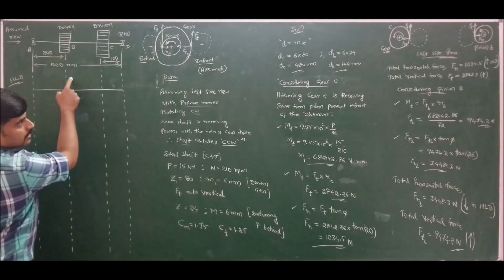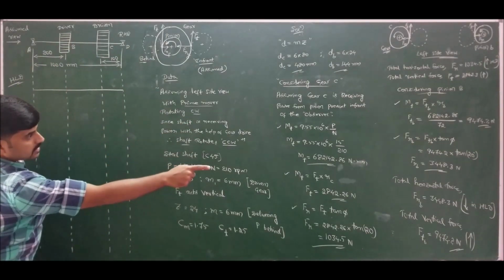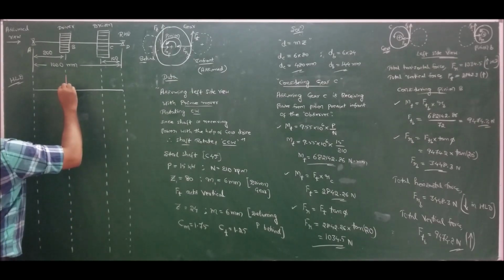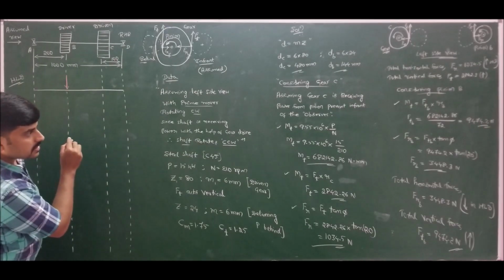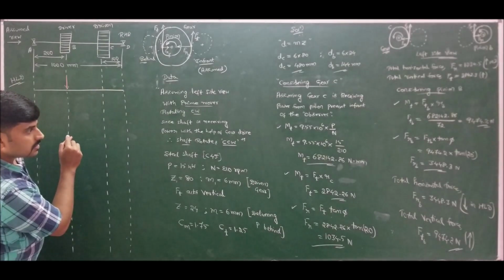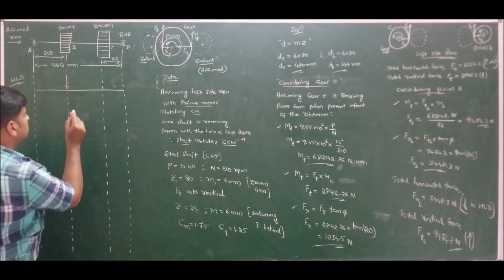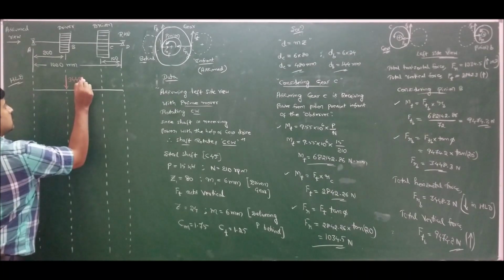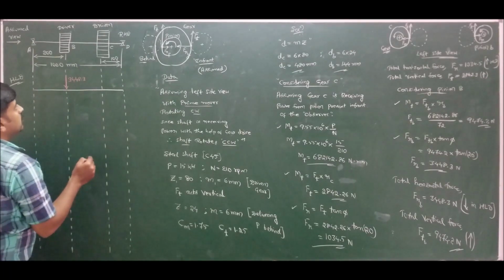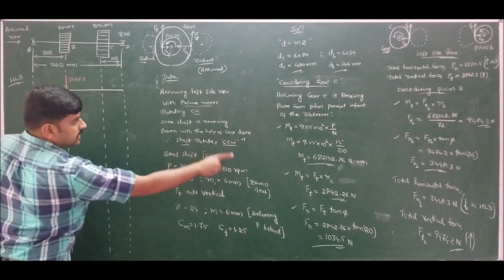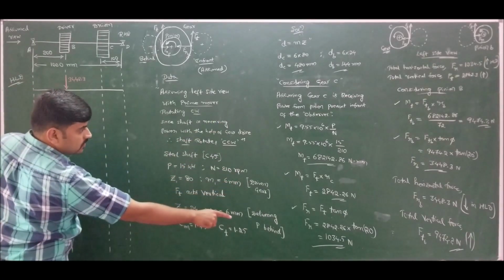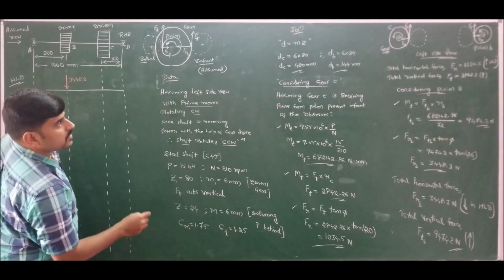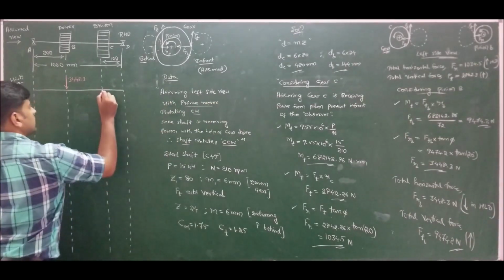From pinion B, the horizontal force is vertically downwards, whose magnitude is 3448.3. Whereas from gear C, the total horizontal force Fr is 1034.5 vertically upwards.